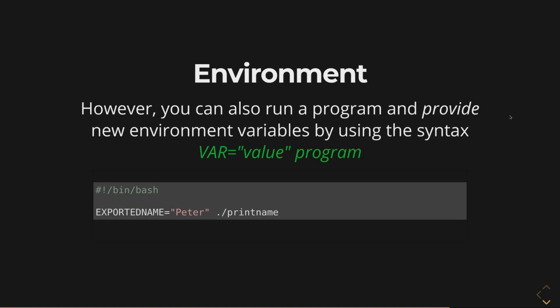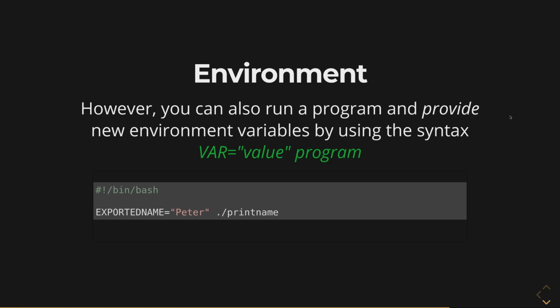Now there is one other way of exporting an environment variable to a program or application or script that you're running. And this is something that you can do during, of course, a normal invocation of the terminal. If there is a program you want to run that expects to see a certain environment variable, you can invoke it by just setting the variable on the same line as you invoke the application itself.